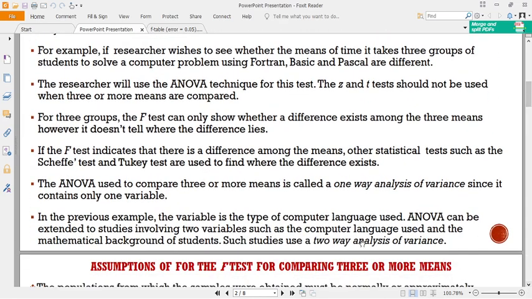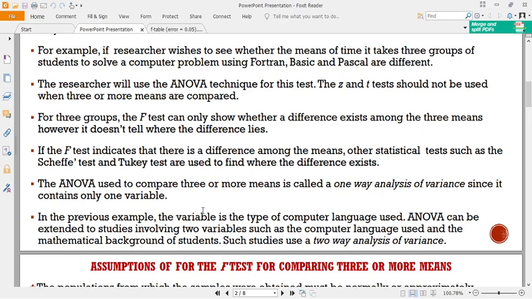In the example we have here, a researcher is interested in finding the mean times students take to solve a computer problem using the different languages. Here we have one variable, which is the computer language, and that is what we call a one-way ANOVA, or one-way analysis of variance.